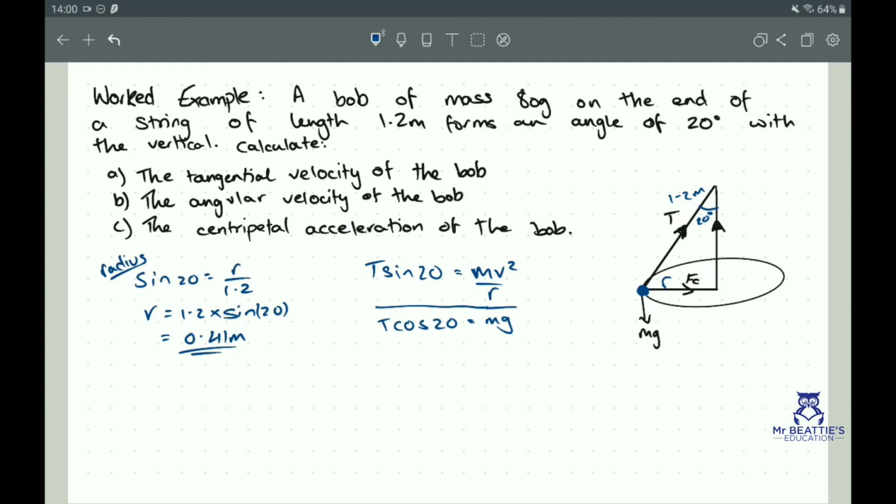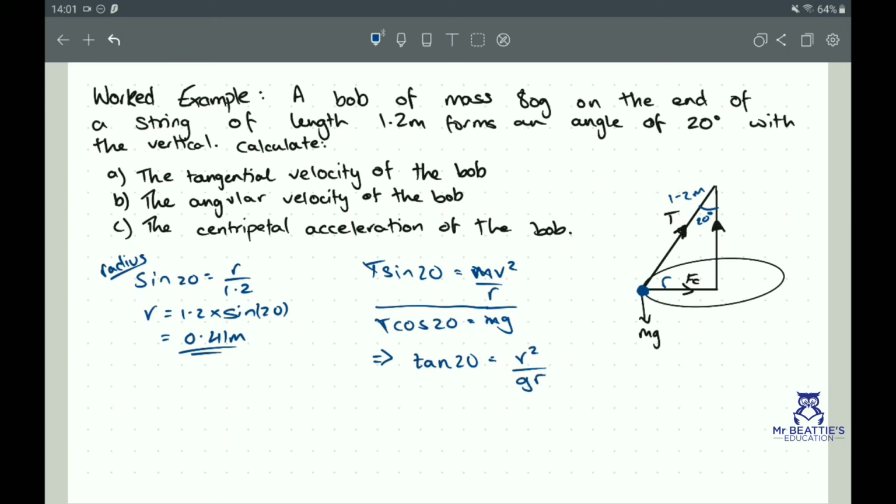Then the T's will cancel, and your m's will cancel, so you're going to get tan 20 is equal to v squared over gr.